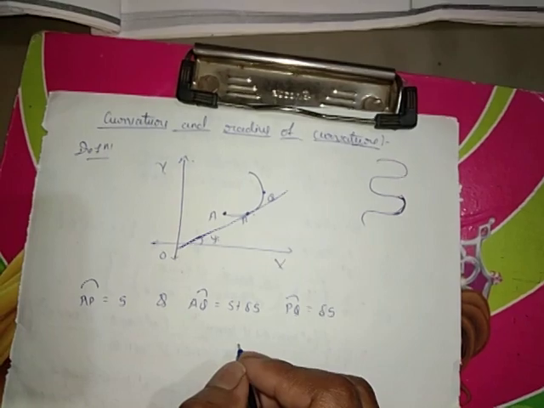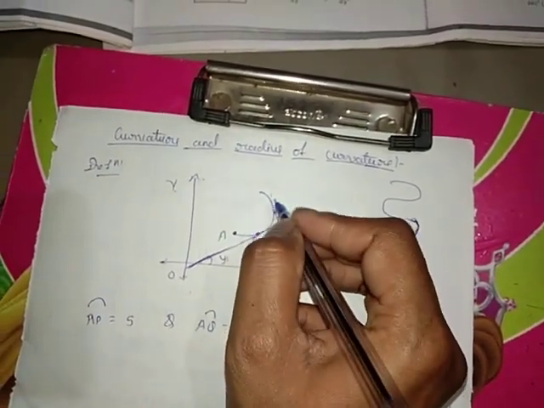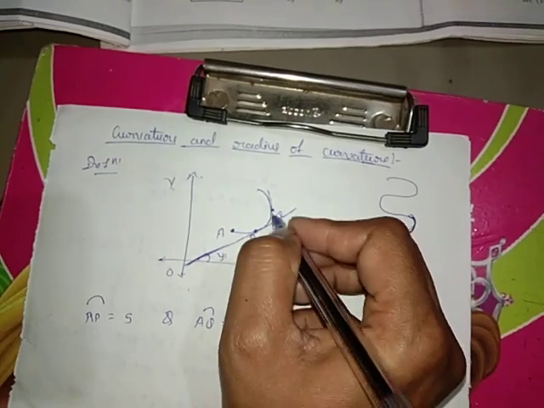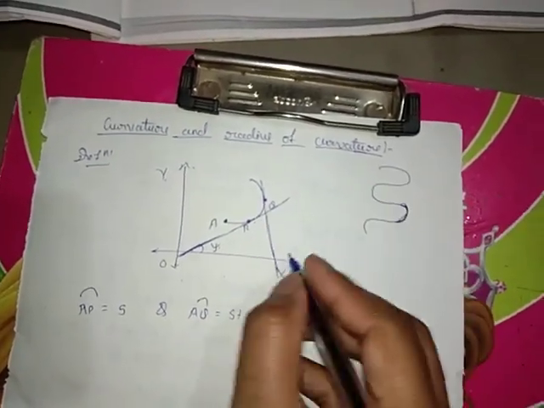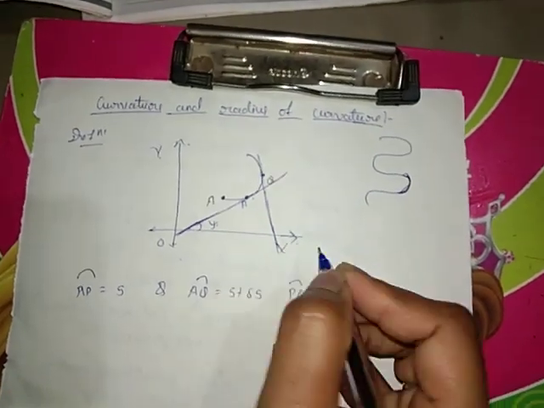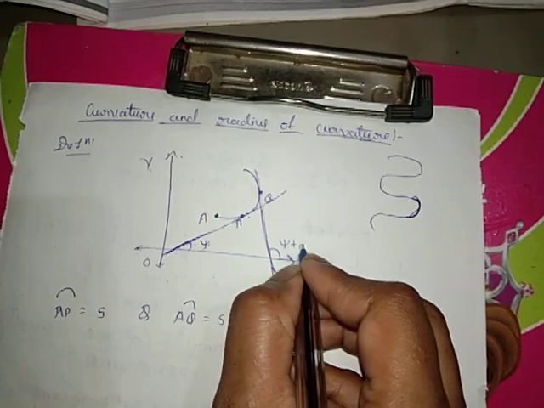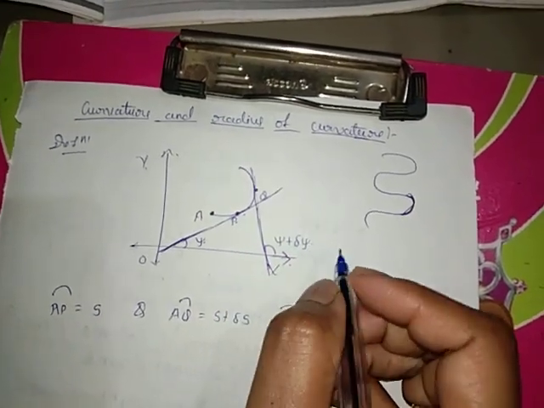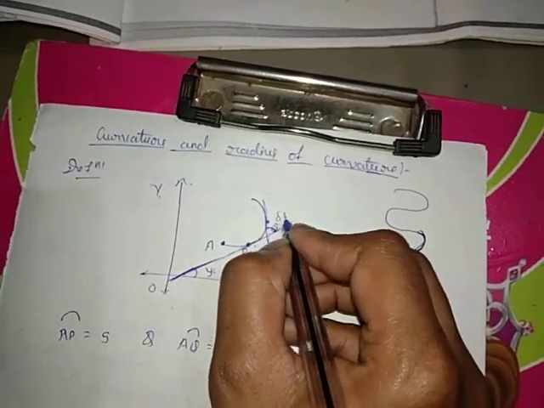Similarly, I am going to draw a tangent at the point Q. That makes an angle xi plus delta xi. Now the angle between these two tangents is delta xi.